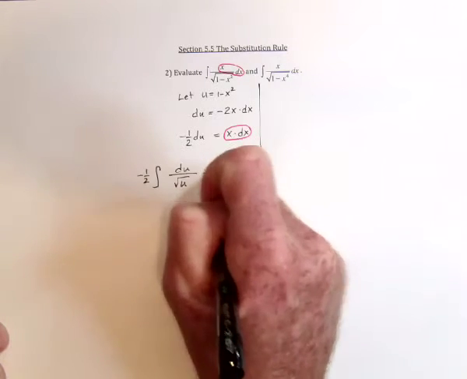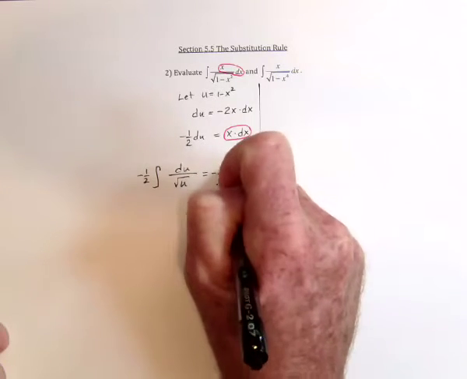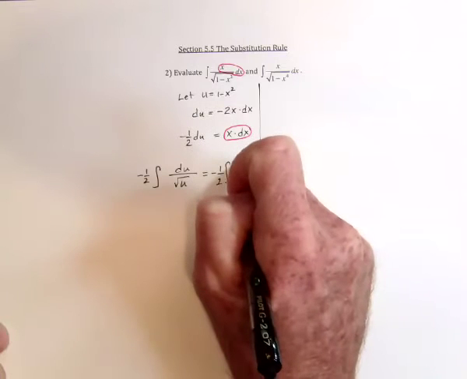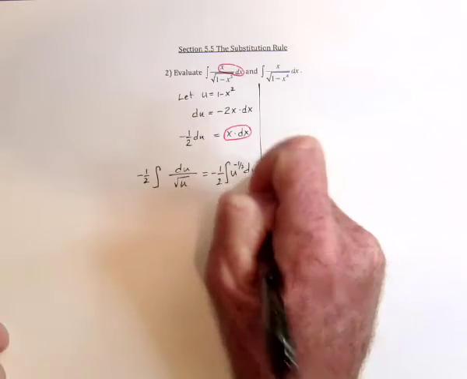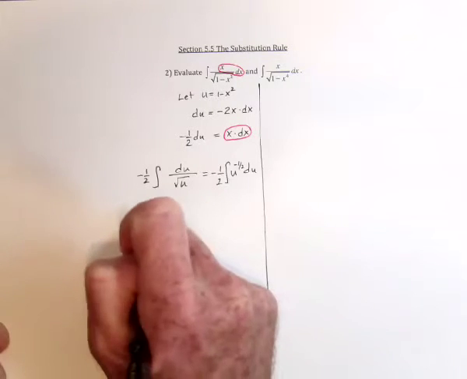So for this one, to integrate it, I would rewrite it as u, so integrate u to the negative 1/2. So we'll add 1 to the exponent, and it will become 1/2, and then divide by that.